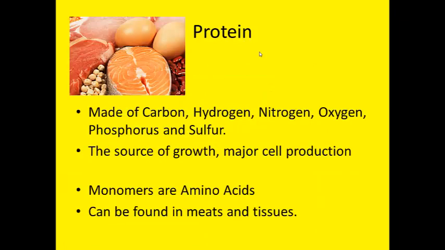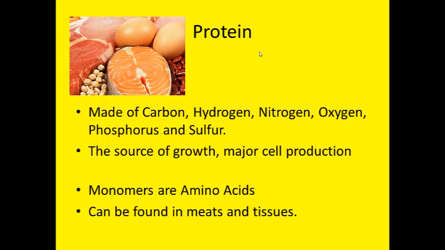Proteins are major sources for cellular growth, made up of the elements carbon, hydrogen, nitrogen, oxygen, phosphorus, and sulfur. So protein is like a mixture of a lot of different elements, and it helps with growth and helps with major cell production, as we just learned. Proteins are made in the ribosome, and those ribosomes are made of protein.